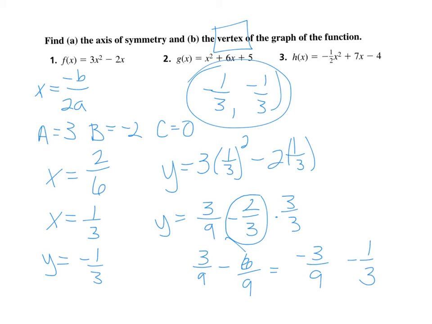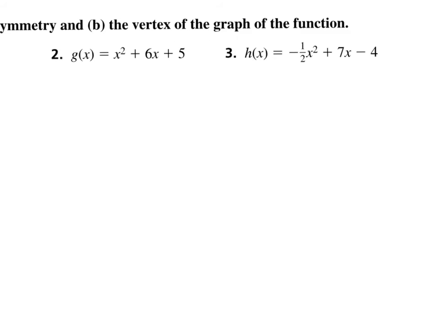Let's look at number 2. Alright, on number 2, I'm going to pull out my a, b, and c first. I have a, which is 1, b, which is positive 6, and c, which is 5.